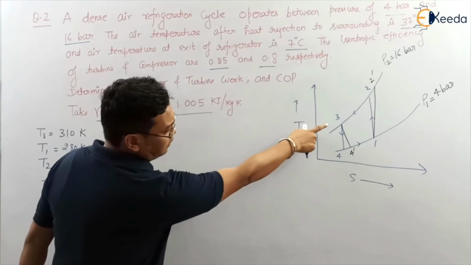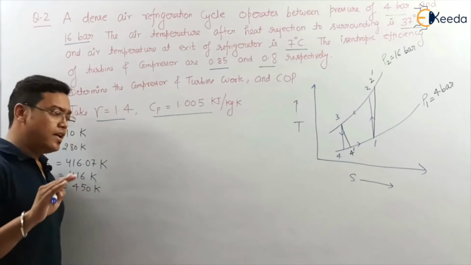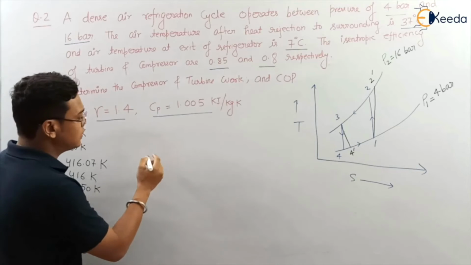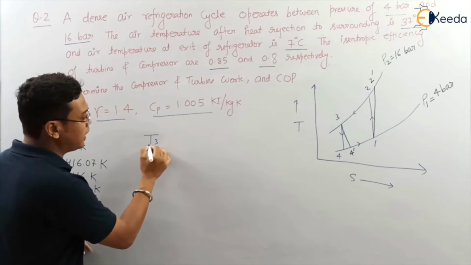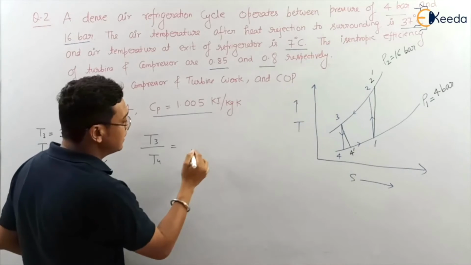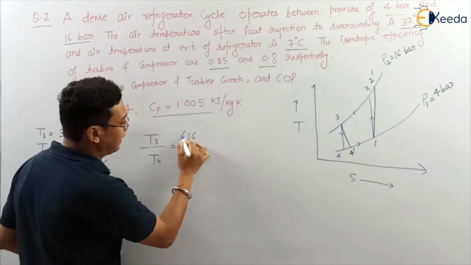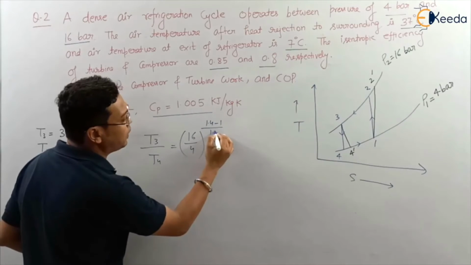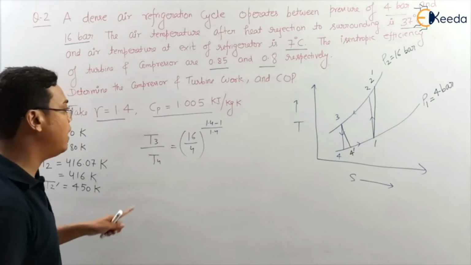You know 3 to 4 process is a reversible adiabatic process or isentropic process. So you know the equation T3 divided by T4 is equal to the pressure ratio 16 divided by 4, I write directly, to the power 1.4 minus 1 divided by 1.4, gamma minus 1 upon gamma.